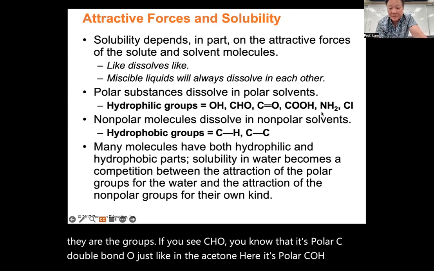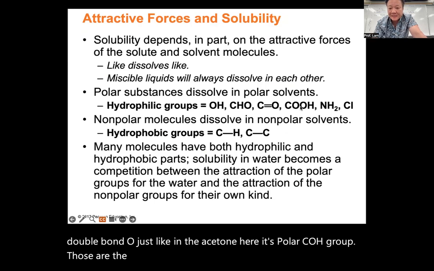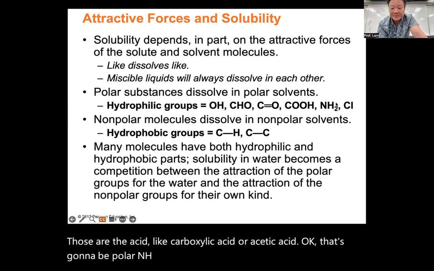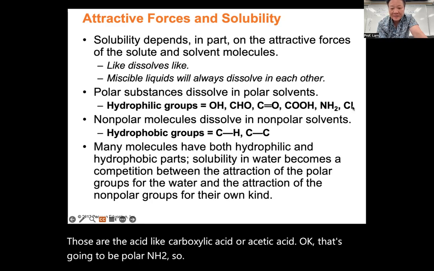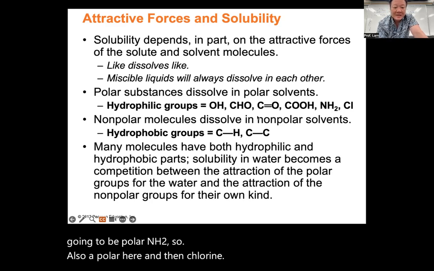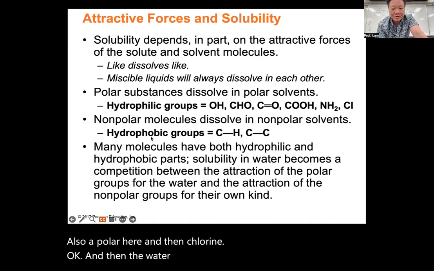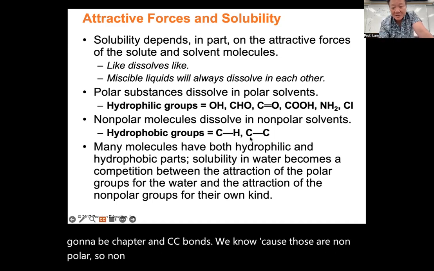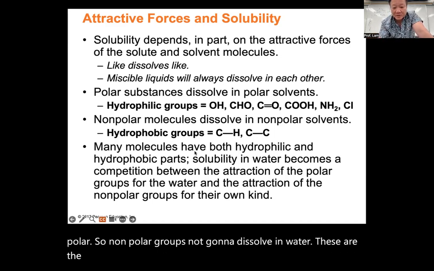COOH group, those are the acids, like carboxylic acid or acetic acid, that's going to be polar. NH2 is also polar, and then chlorine. And then the water-fearing groups, hydrophobic, are going to be CH and CC bonds. We know because those are nonpolar. So nonpolar groups are not going to dissolve in water. These are the groups that are going to dissolve in water.